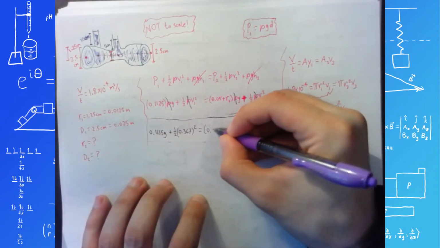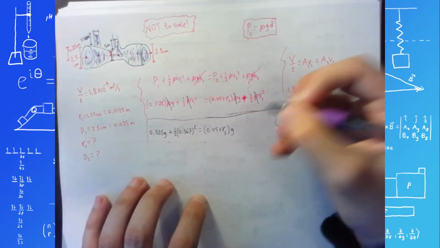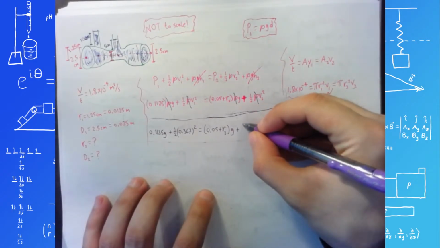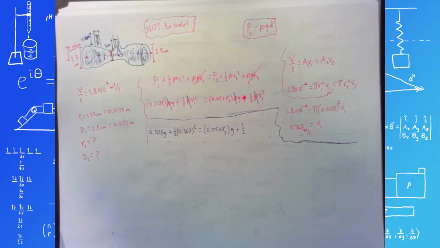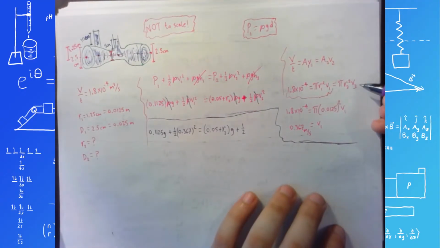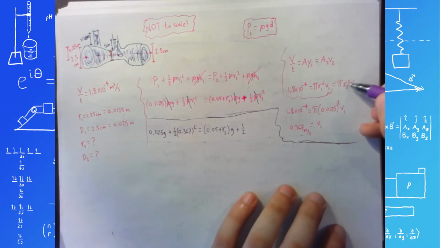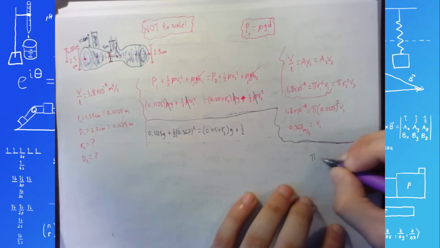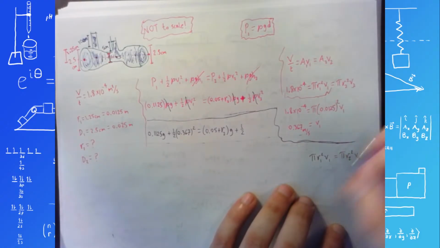Equals 0.05 plus R2 times G plus 1/2. Instead of V2 squared, here's what I'm going to do. So pi R1 squared V1 equals pi R2 squared V2 from the continuity equation, so the pi's cancel out.